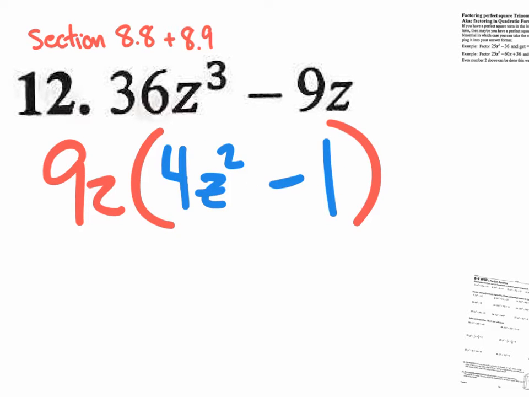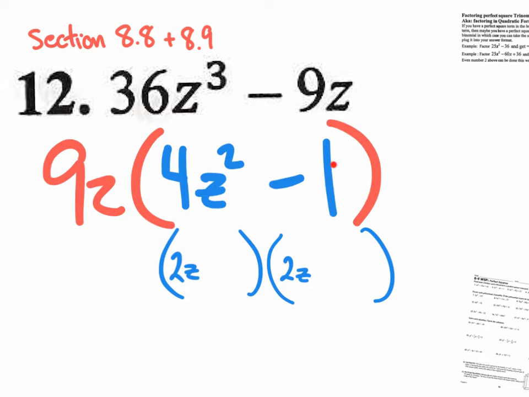Two terms, perfect square. So we could factor that perfect square binomial on the inside by taking the square root of the 4z squared. And what's the square root of 4z squared? 2z. So you put 2z on the first part of both binomials, and then you go to the number over here and you take the square root of that.